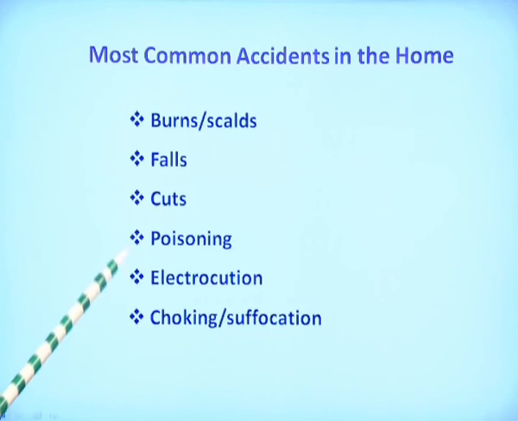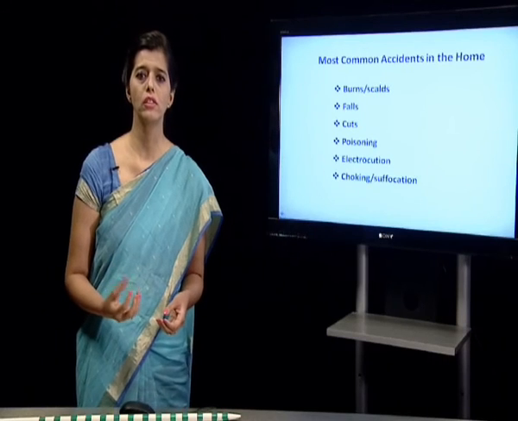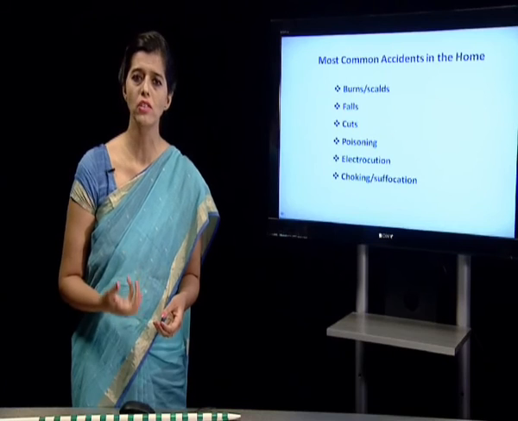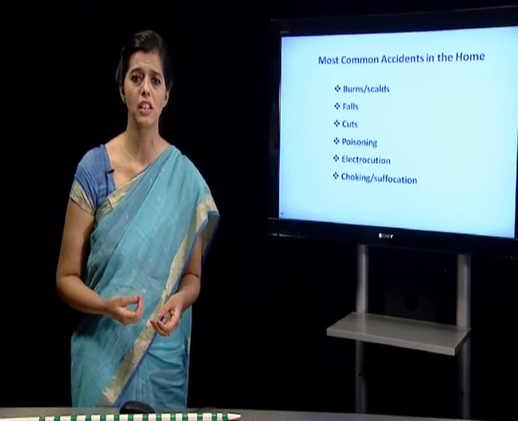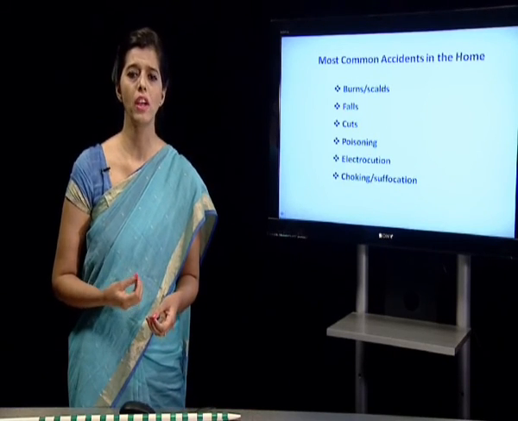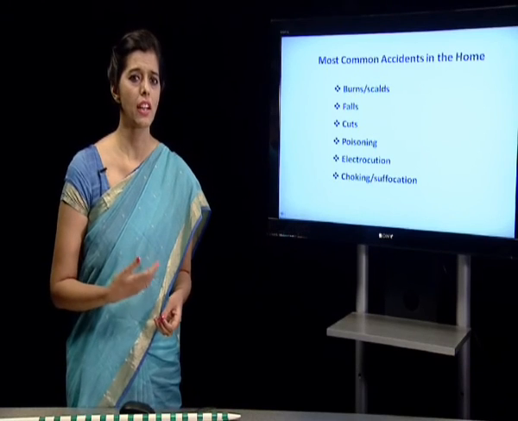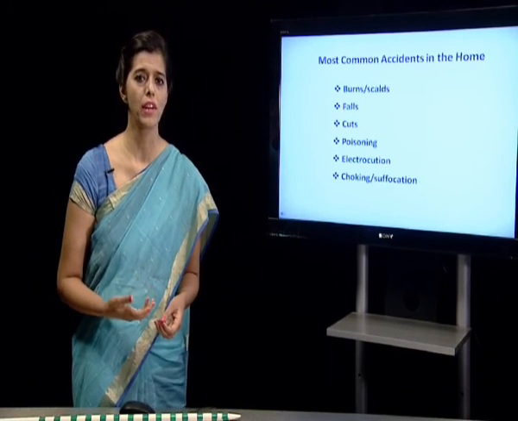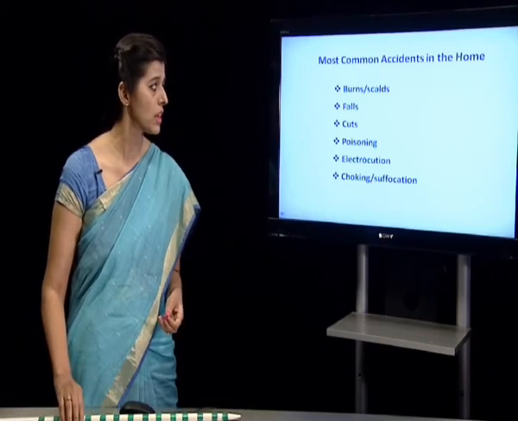Another accident which is very common and very dangerous is poisoning. Children might eat a cosmetic or a poison kept for pesticides or insecticides, thinking it to be an edible material. That gets very risky, and it is another common accident which occurs in homes.